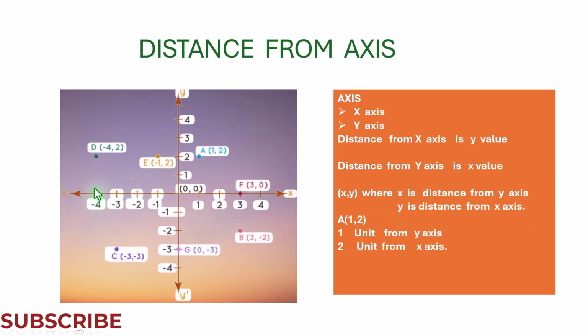The coordinate A (1, 2) means 1 unit from y-axis, and 2 is 2 units from x-axis. X value is distance from y-axis. Y value is distance from x-axis.